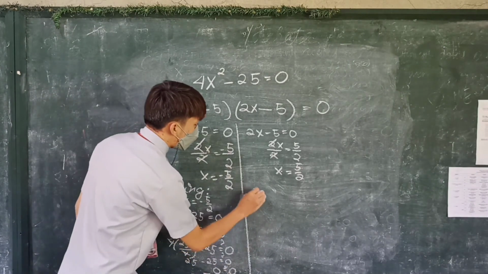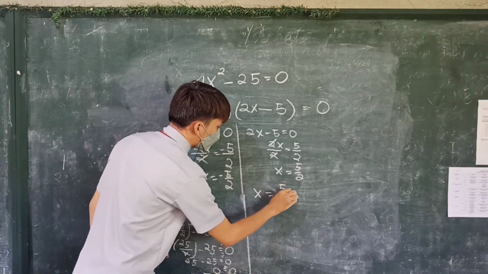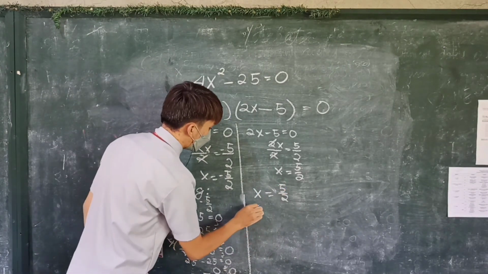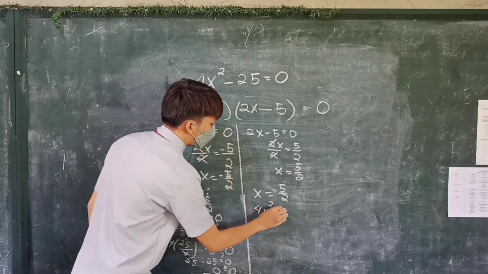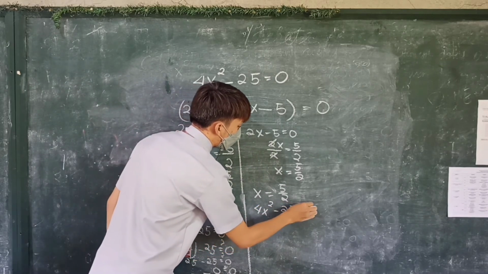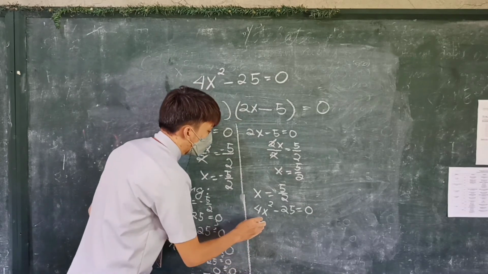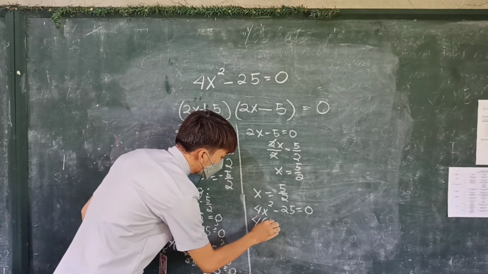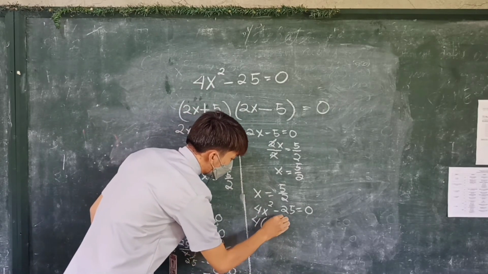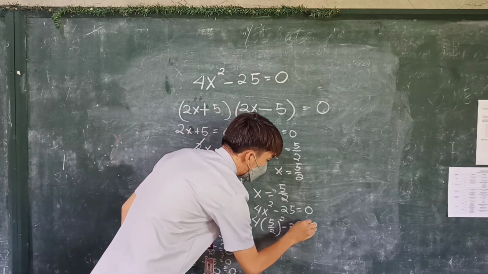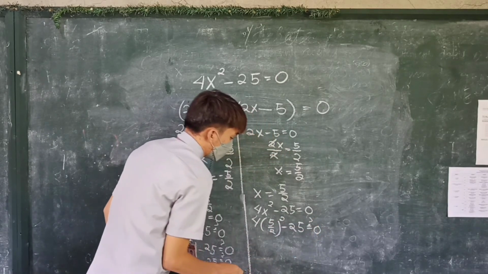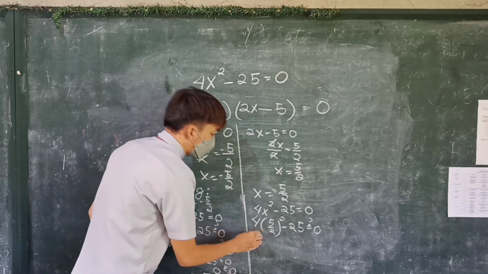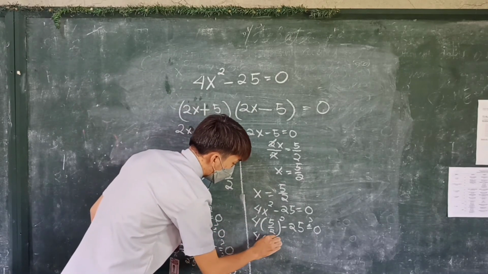Next we have x equals positive 5 over 2. So we have 4x squared minus 25 equals 0. 5 over 2 times 5 over 2 equals 25 over 4.